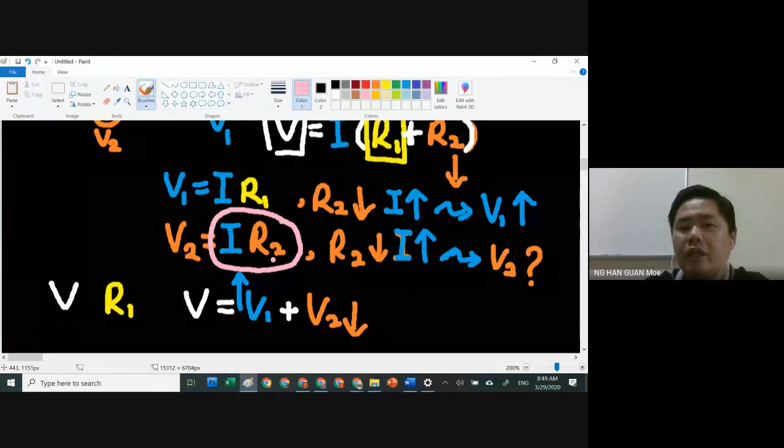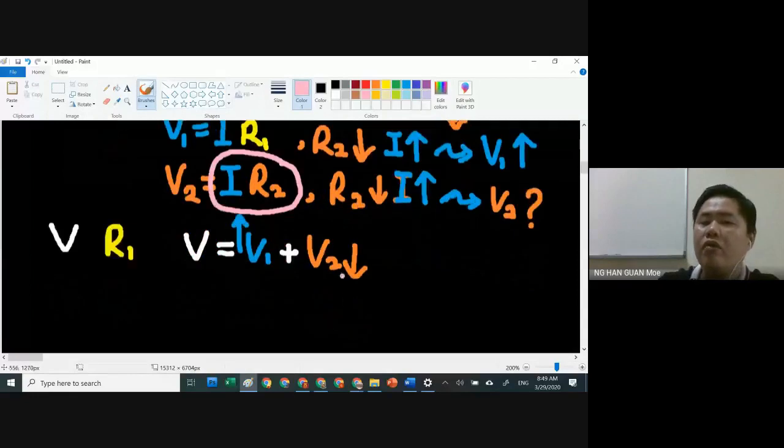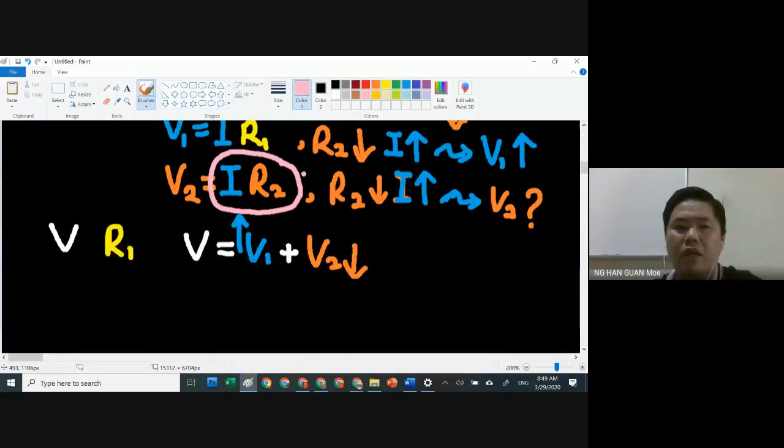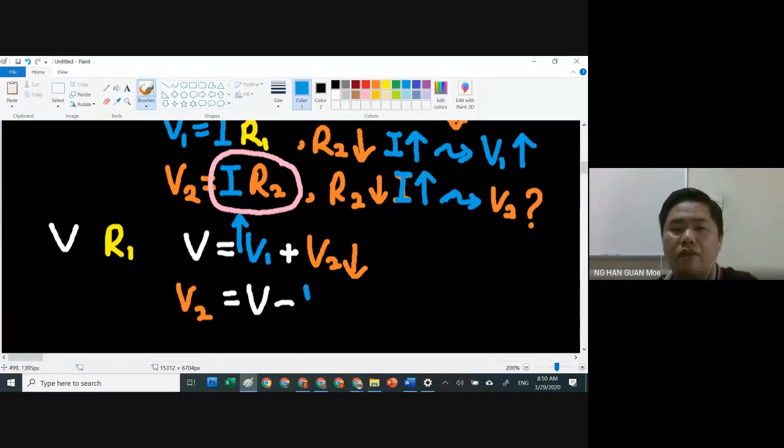Right, remember? Okay. So now we want to know why when V1 increases, V2 decreases. Because V2 is actually equal to the effective V minus V1.